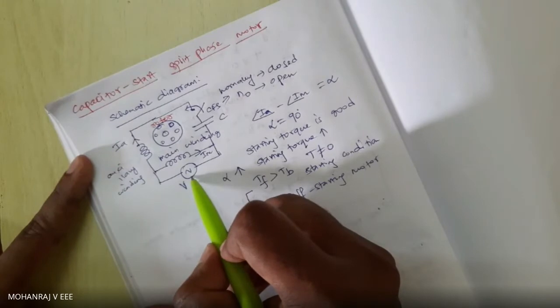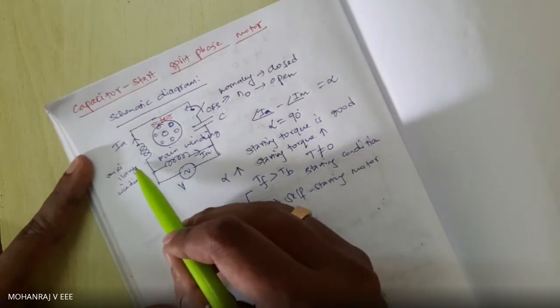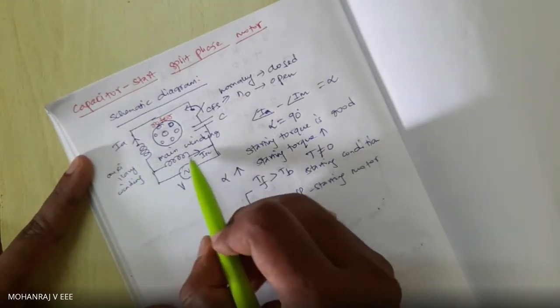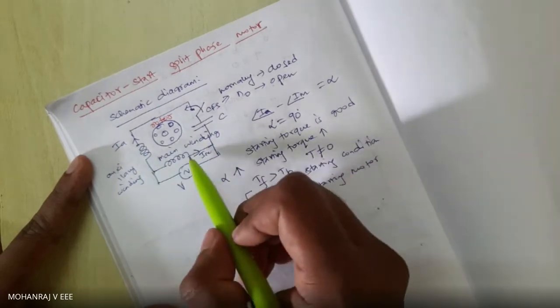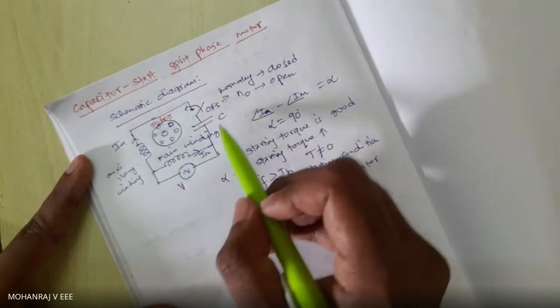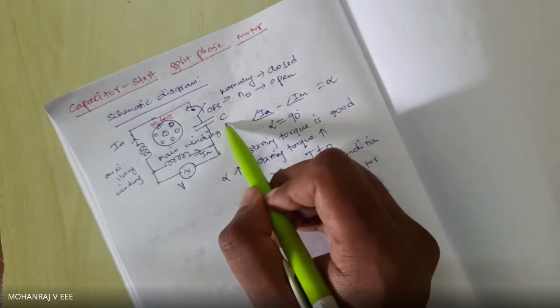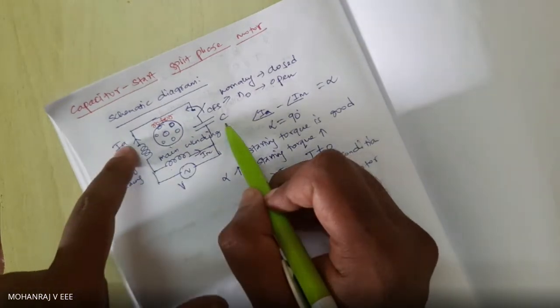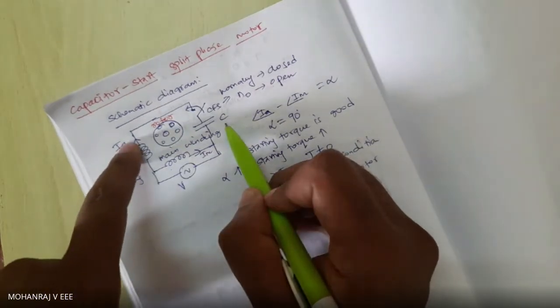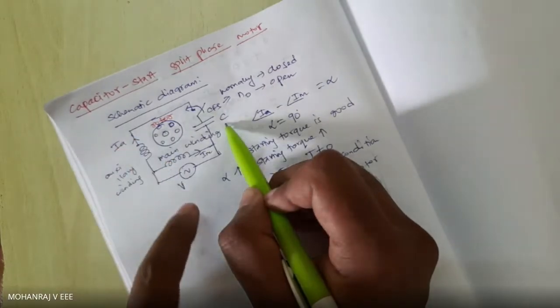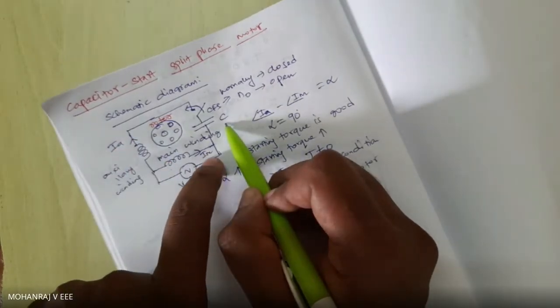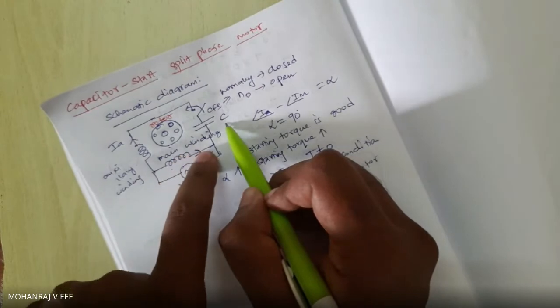When I give the power supply to both the main winding and the auxiliary winding, currents IM and IA flow in the main winding and auxiliary winding respectively. I have a capacitor here. If the circuit has a capacitor, the current will lead the voltage. So IA will have an angle much greater than IM, because in the main winding we don't have any capacitor.